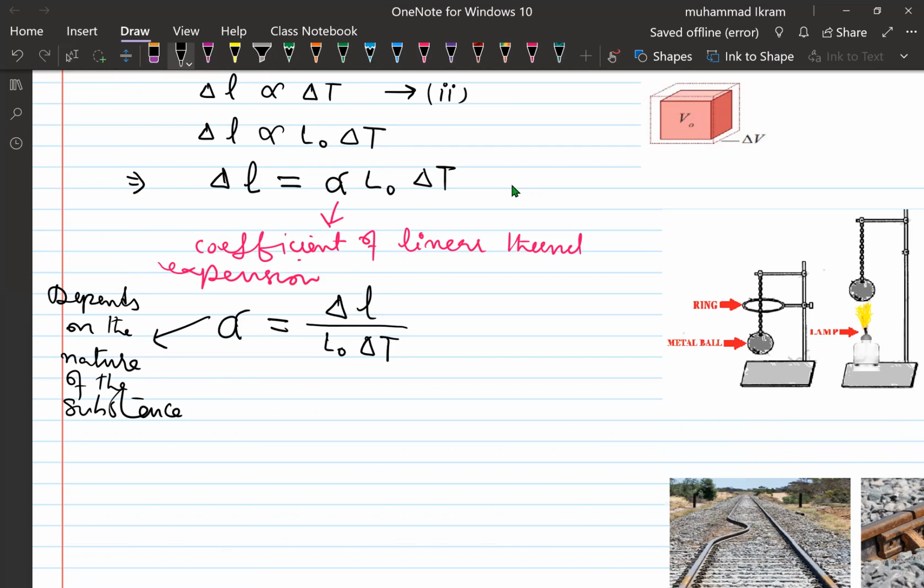It does not depend on change in length, L naught or delta T. Its SI unit, since the length units cancel, is per Kelvin.